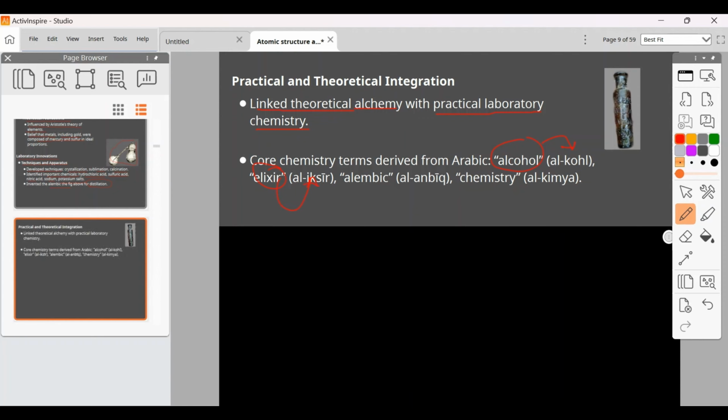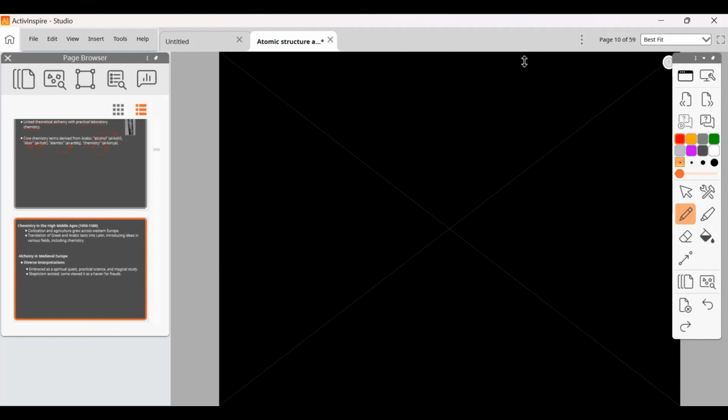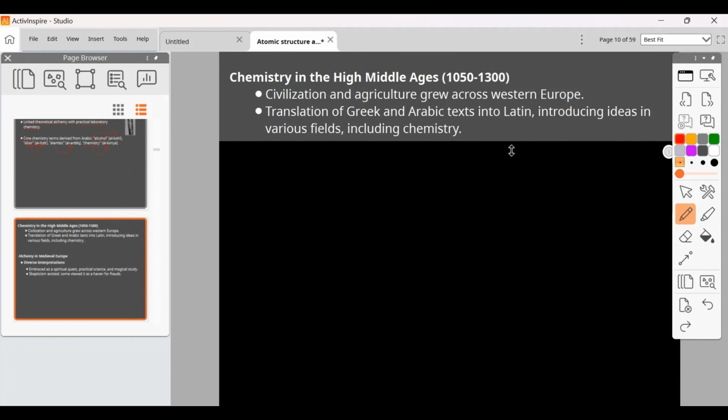They were trying to find a medicine which can cure every disease, and this was called elixir. Alembic, the apparatus that Jabir developed, is derived from al-imbigh. Even the word chemistry is derived from the Arabic alchemia.